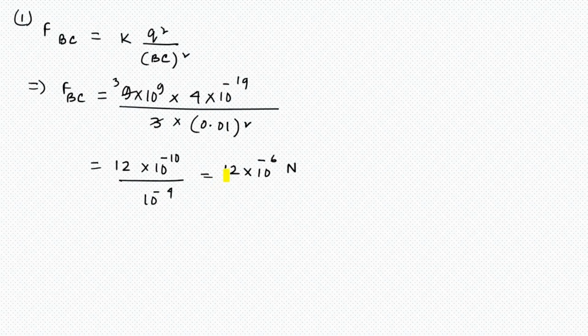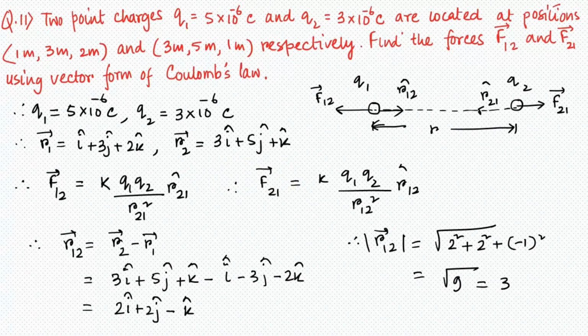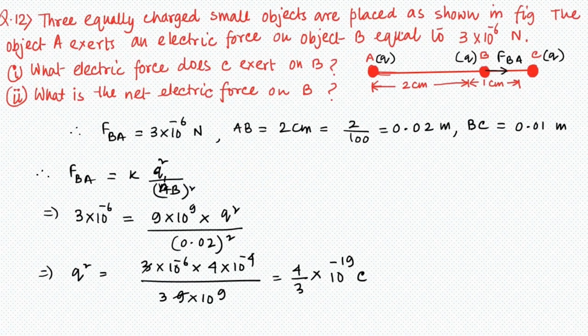So the force C exerts on B is equal to 12 into 10 to the power minus 6 Newton, and the direction of this force is along BA. That means this is the direction of this force, because this is a repulsion force, so obviously this is the direction of FBC.